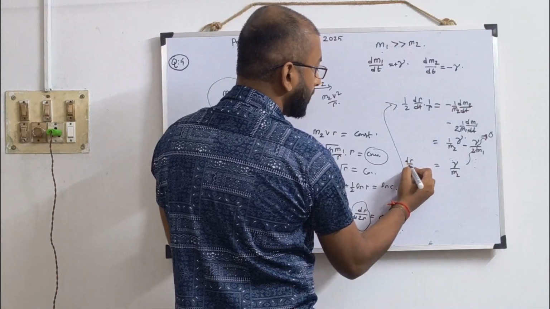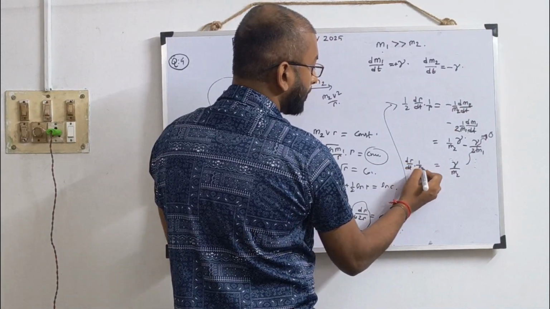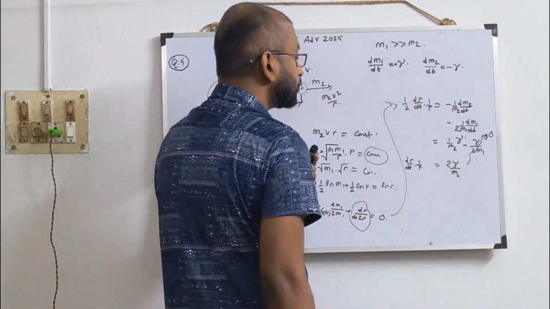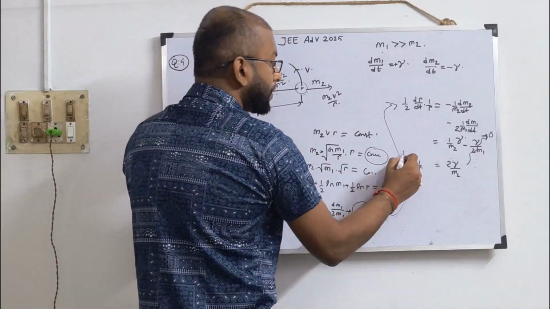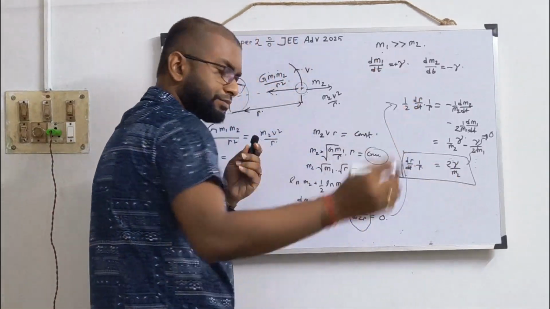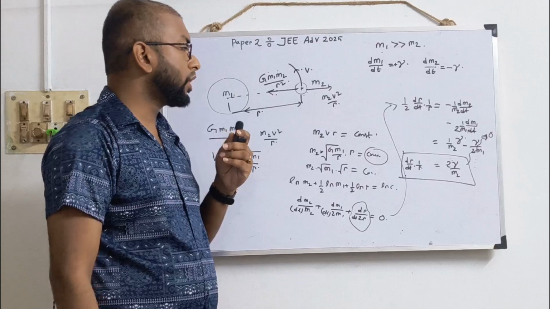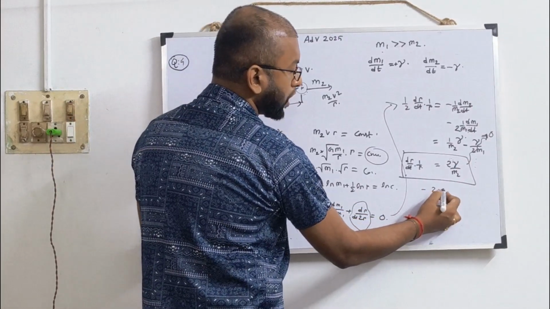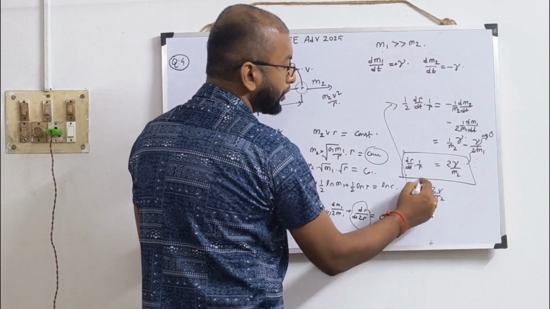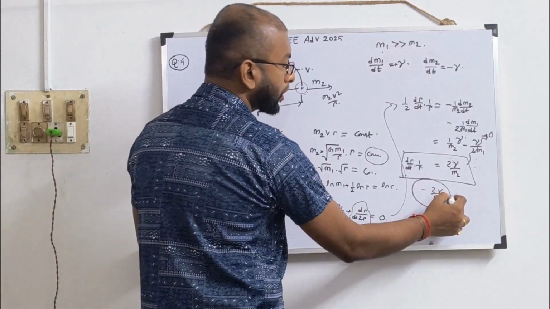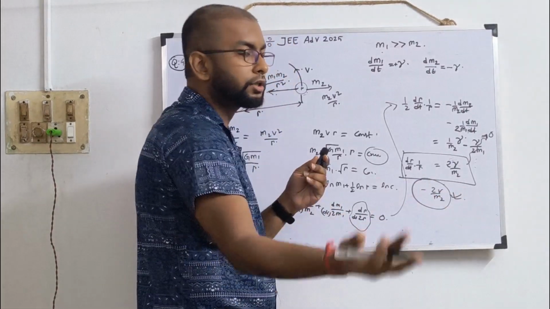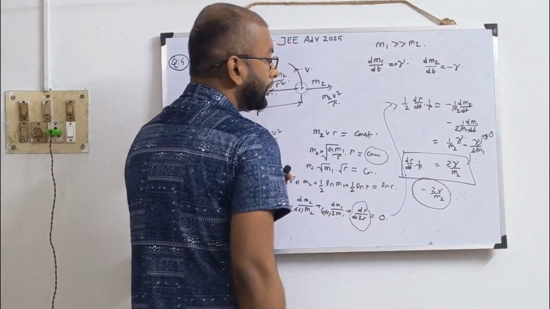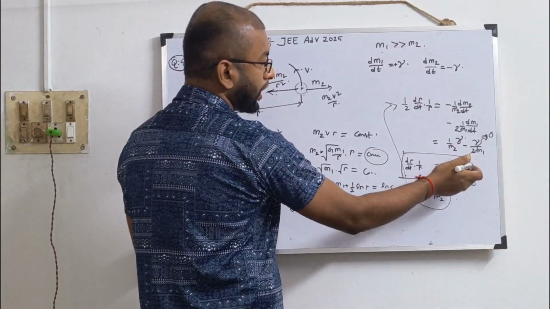So the value of dr/dt into 1 by r is 2 gamma by m2. So it is not matching with any of the answers. So none of the options are correct, but one answer is given, minus 2 gamma by m2, that we can tick, but that is also not the correct answer. We can tick it at least, because the modulus value is ultimately this one.